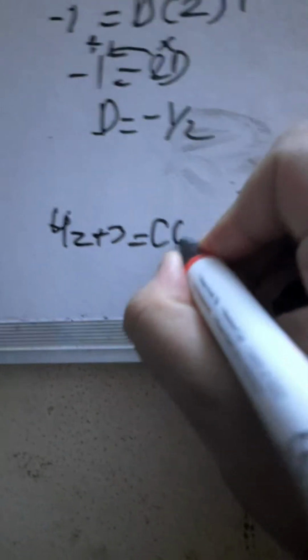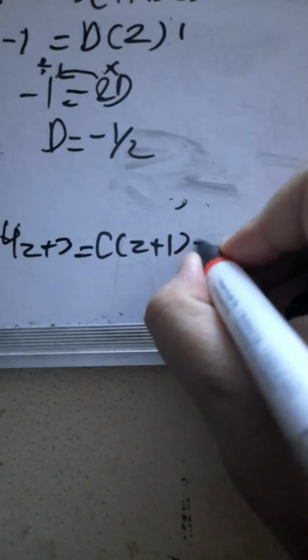So let's try. 4z plus 3 is equal to C into z plus 1 into z square.